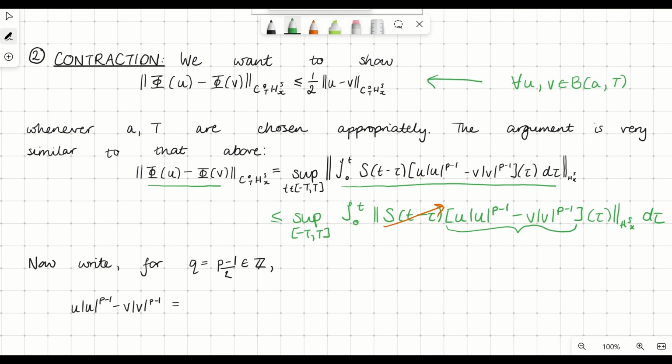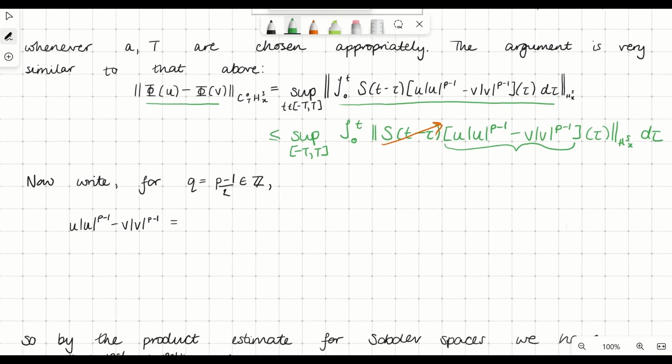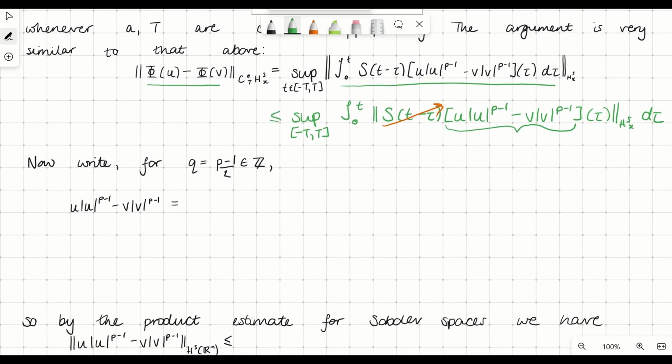Again, we're going to use that p is an odd integer to write this as the difference of two polynomial terms. So we write u|u|^{p−1} minus v|v|^{p−1} as u ū^q minus v v̄^q, for q equal to (p−1)/2, which is u^{q+1} ū^q minus v^{q+1} v̄^q.